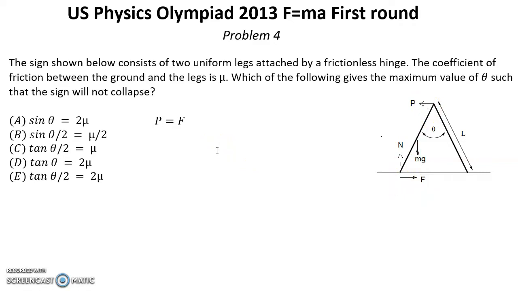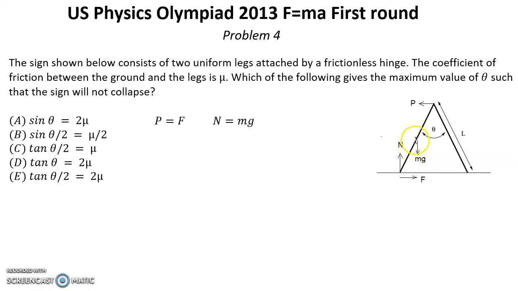For vertical, we have to equalize normal force and mg. And for rotational equilibrium, we have to choose the point of rotation. In our case, that will be best point this one, where we apply force N and force F. In that case, we don't have to count torques from these two forces because they are zero.